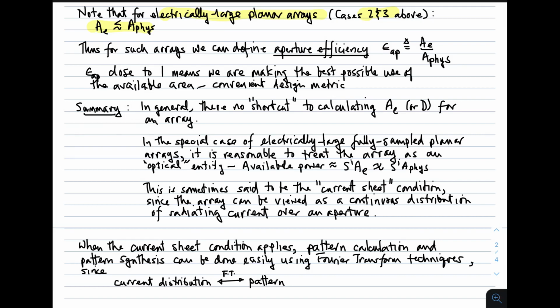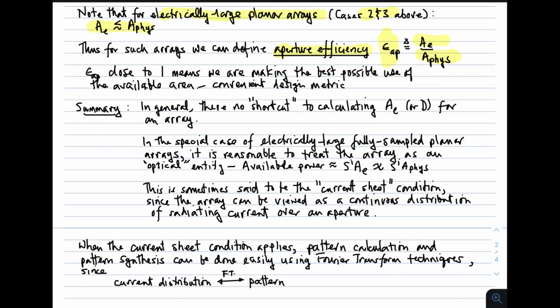So for such arrays whose effective aperture is less than the physical aperture, it's convenient to define a thing called aperture efficiency. Different authors give this quantity different symbols. I typically call it epsilon sub AP, aperture efficiency. And we define it as the effective aperture divided by the physical aperture.